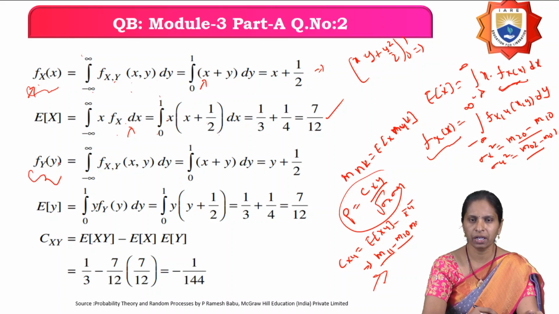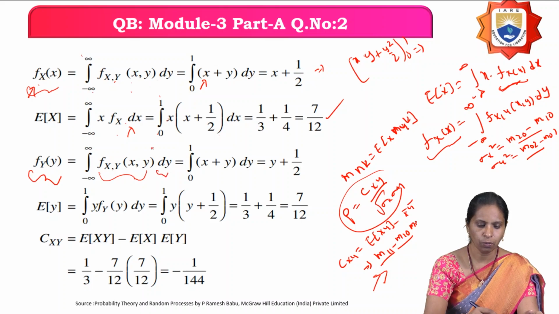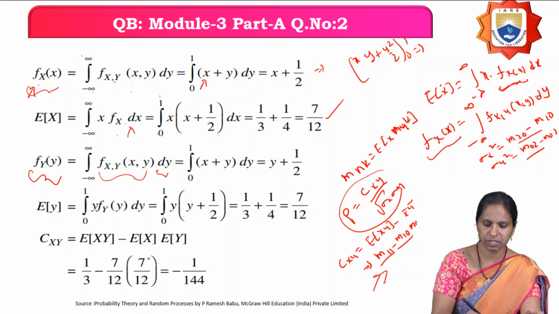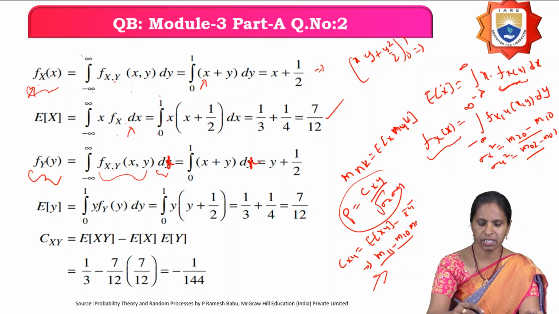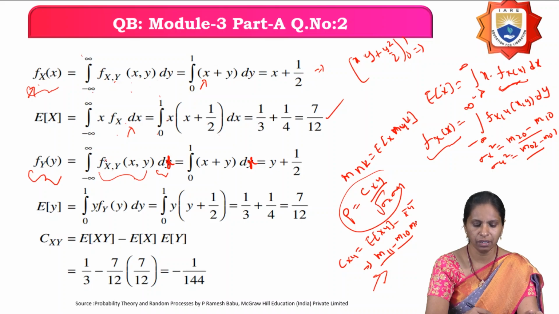Then how do you calculate the marginal density function of the random variable y? For that you have to integrate the joint density function with respect to the random variable x, over the limits minus infinity to infinity.